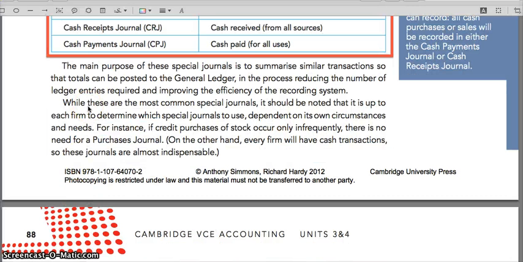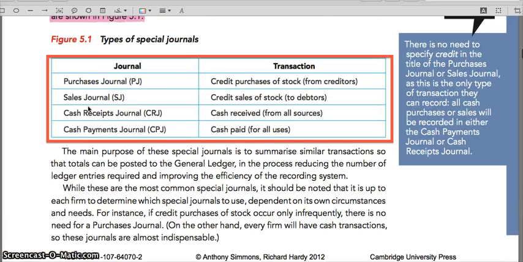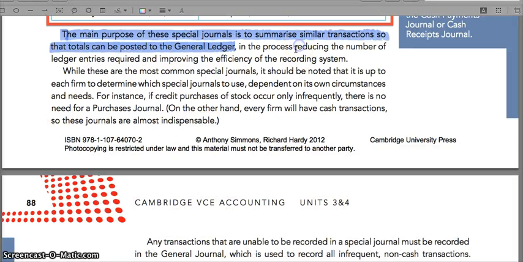When we record a transaction between ourselves and a creditor, we add that into the purchases journal, which can then be used to summarize all the transactions of a similar purpose, for example between us and our creditors, so that the summary can then be posted to the general ledger. It reduces the number of transactions in the general ledger, which improves the efficiency. It removes clutter out of the general ledger.